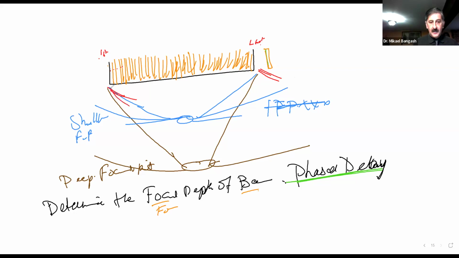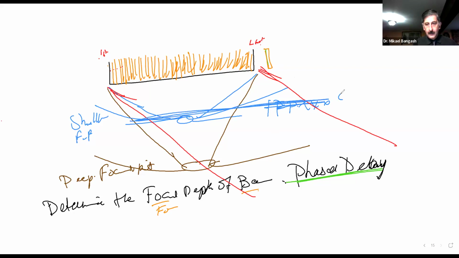But as we say, let's say that the beam here has been steering in this direction. We still wanted to focus at this depth here. Let's say 2 centimeters, and we also still wanted to focus at this depth here.